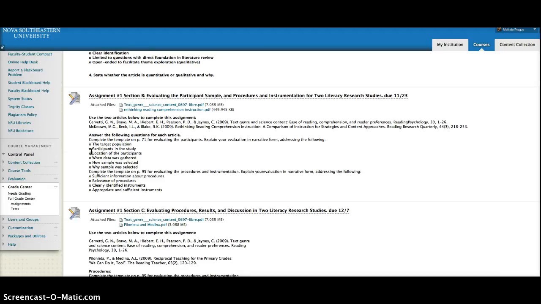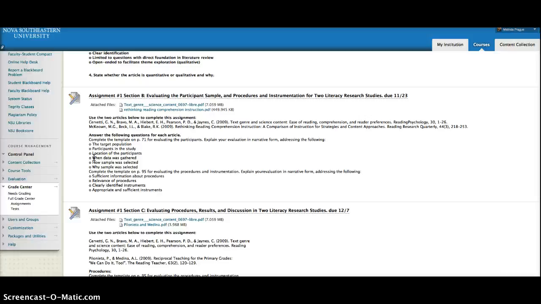Do the participants appear to reflect the target population? For number 4, when were the data gathered? Can you identify the time period? Is the time at which the data were gathered likely to influence the findings?